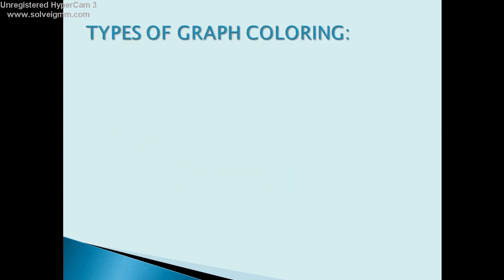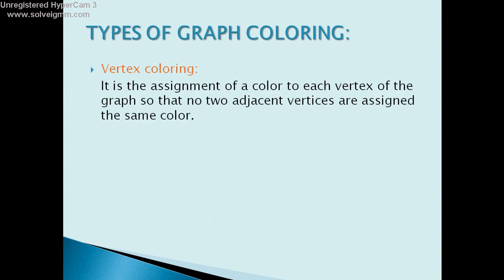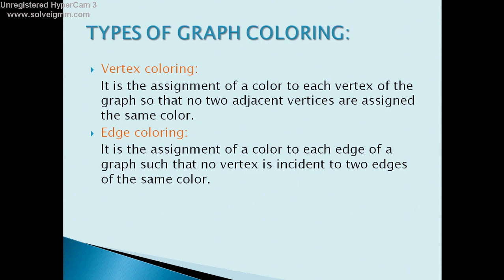So let us study about types of graph coloring. First one is vertex coloring. It is the assignment of a color to each vertex of the graph so that no two adjacent vertices are assigned the same color. Then edge coloring.